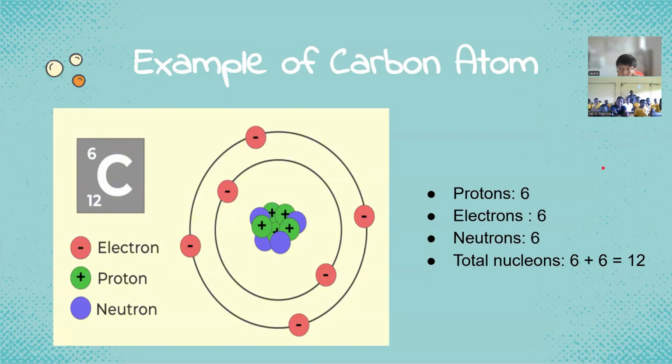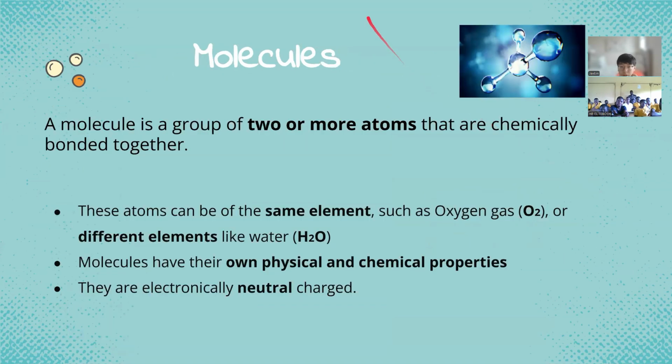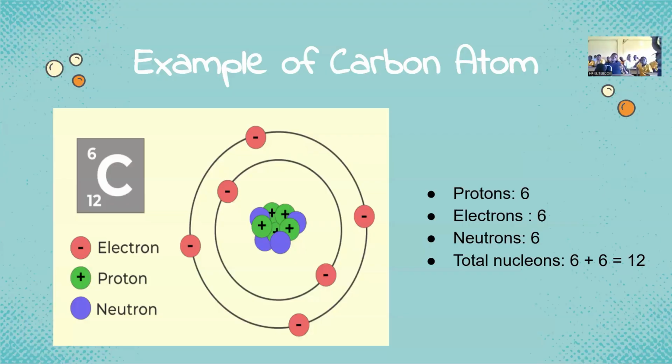So that was an example with a carbon atom. Like I said, 6 is the proton number and electron number, and 12 is the atomic mass, which also equals the total nucleons.